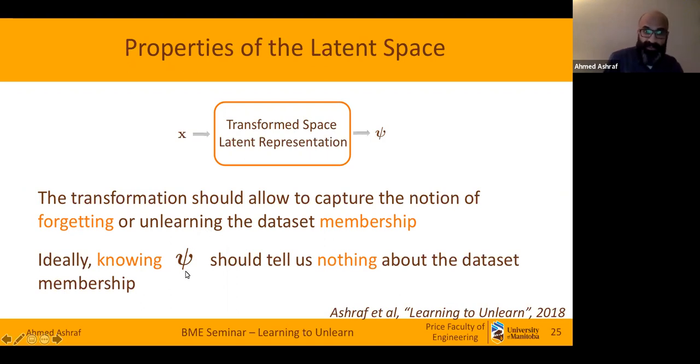What it actually means, if I rephrase this sentence, is that if I share with you this latent representation psi, and I don't share X with you, you should not be able to process psi through any mechanism, any transformation, to figure out what the dataset membership is. So dataset membership should just be lost as you move from X to psi. That's the property that we are looking for.